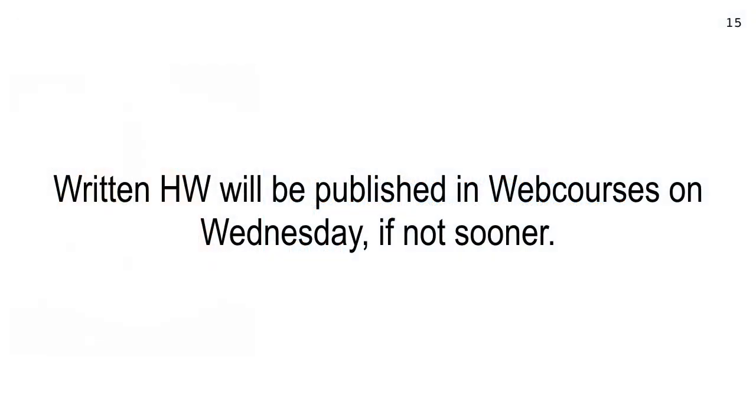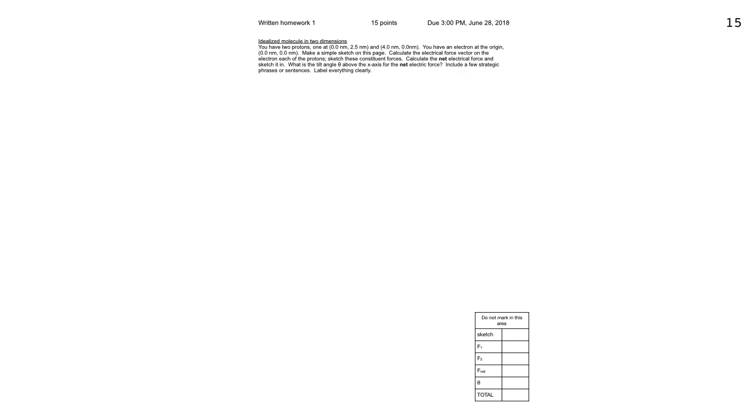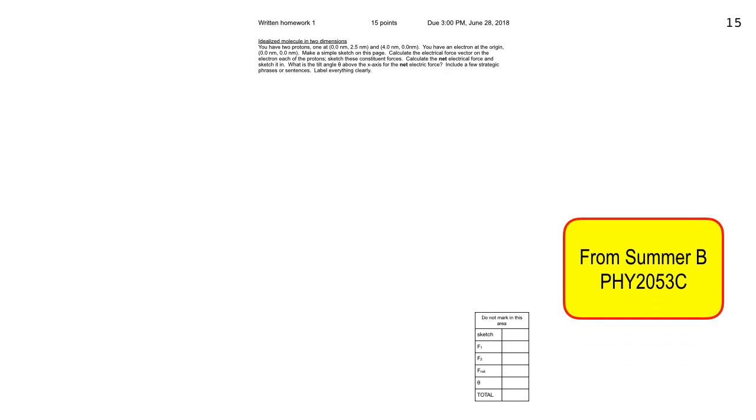Also, you're going to have written homework that's going to be due Friday, and I'm going to publish it as a PDF in web courses Wednesday, if not sooner. And what it's going to look like is this. There's a page right now at the very top, and this is from summer, so it's a little different topic.